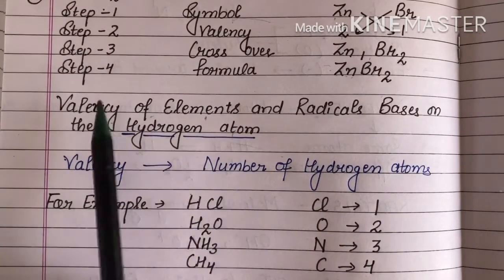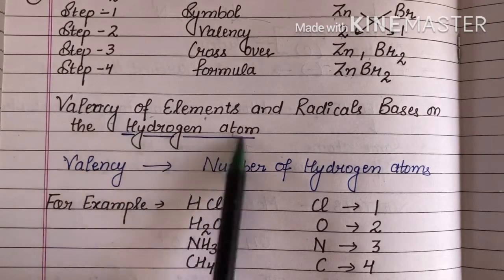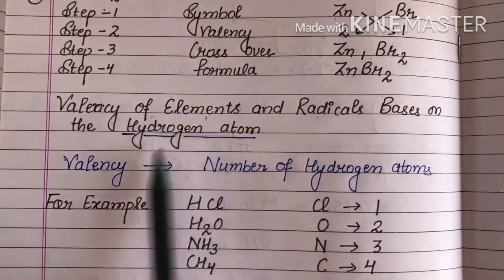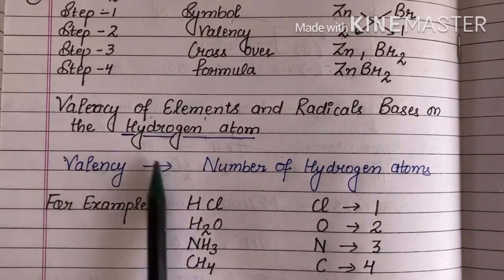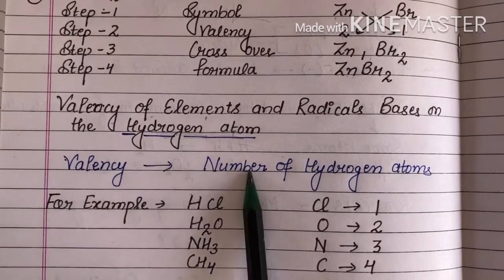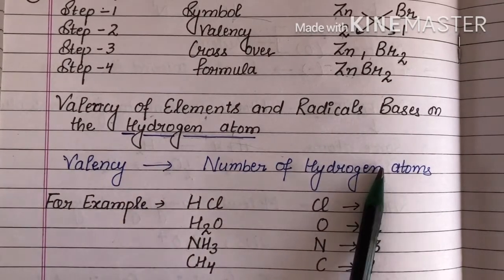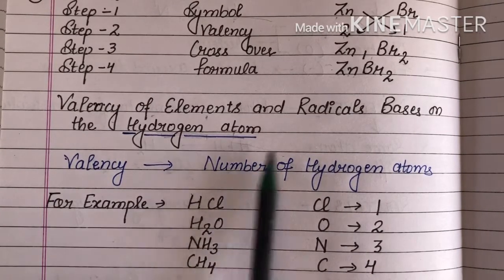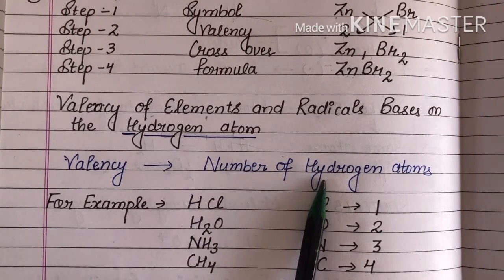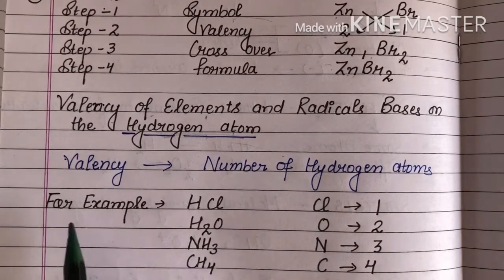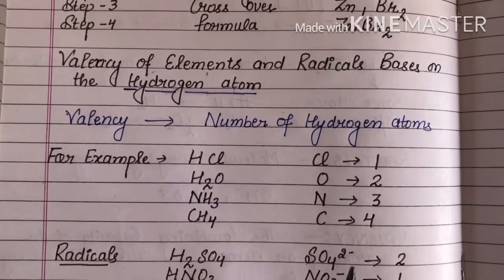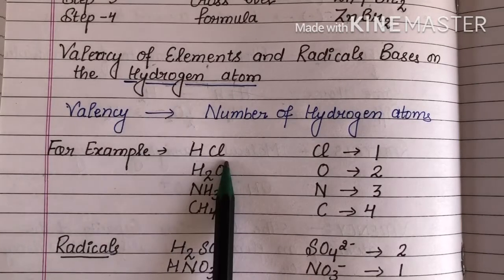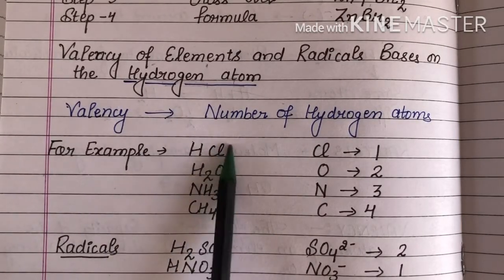Now we will see how the valency depends upon the hydrogen atom. The valency depends upon the number of hydrogen atoms. Means how many hydrogen atoms combine with the other atom determines its valency. For example, in the case of HCl, what is the valency of chlorine?